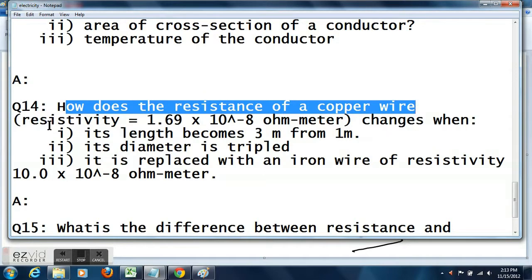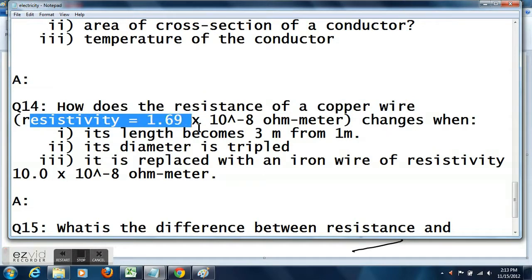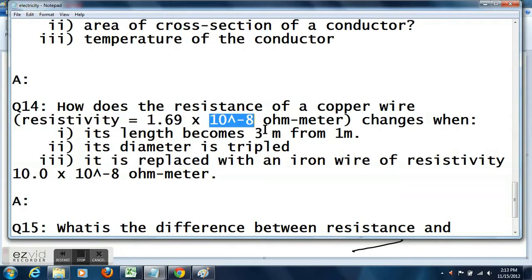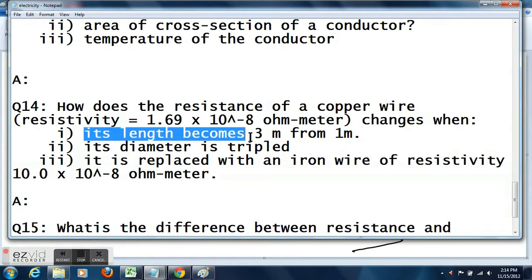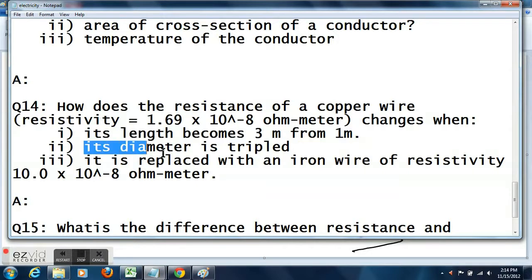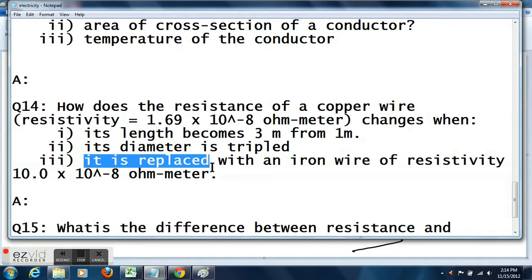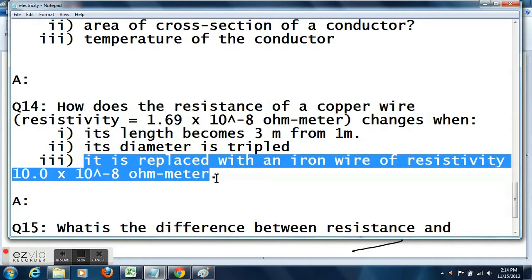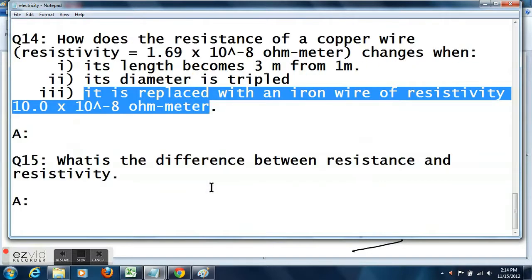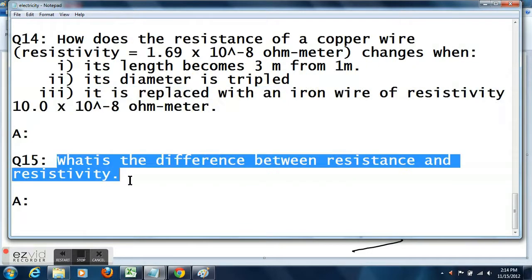How does the resistance of a conductor wire whose resistivity is 1.69 into 10 to the power minus 8 ohm meter change when number 1, its length becomes 3 meter from 1 meter, number 2, its diameter is tripled, number 3, it is replaced with an iron wire of resistivity 10.0 into 10 to the power minus 8 ohm meter.